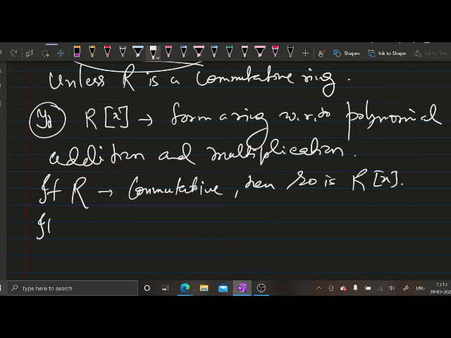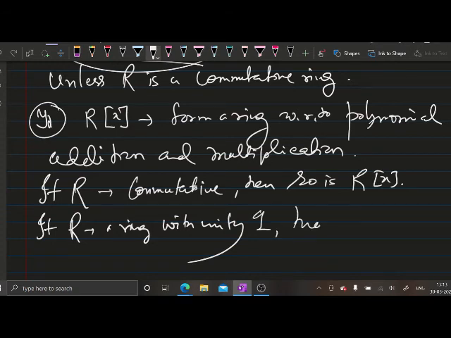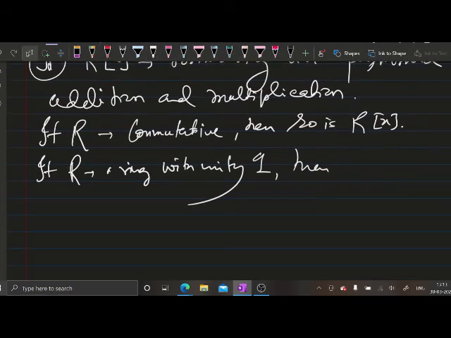If R is a ring with unity 1, then you can view this 1 as a polynomial also, as a constant polynomial 1.